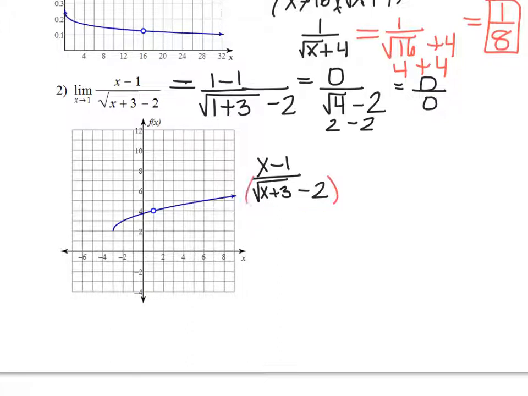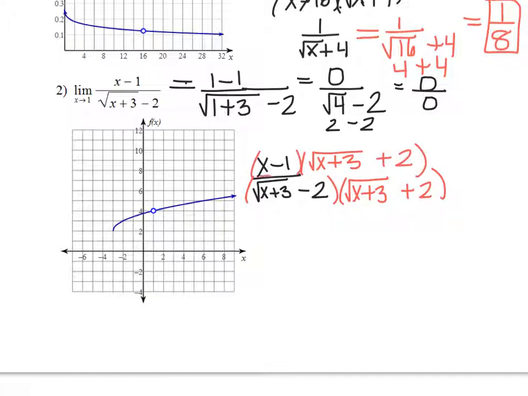Nothing other than radical x plus 3 plus 2. Remember, with a conjugate, the only thing that you're changing is the middle sign between the radical and the number. Okay? So we're going to multiply this by radical x plus 3 plus 2.